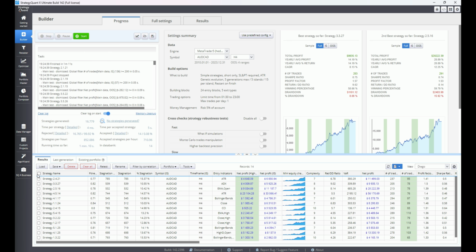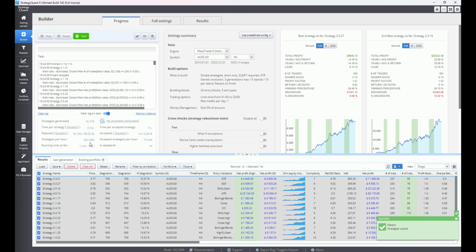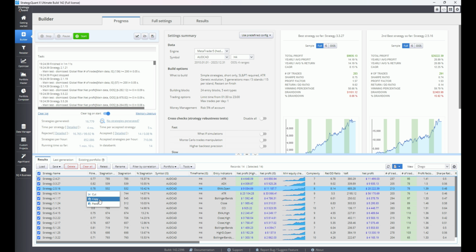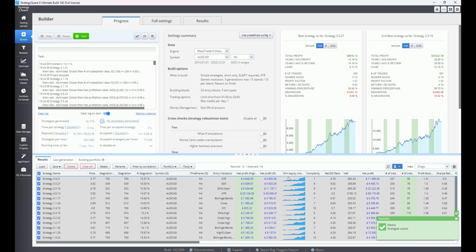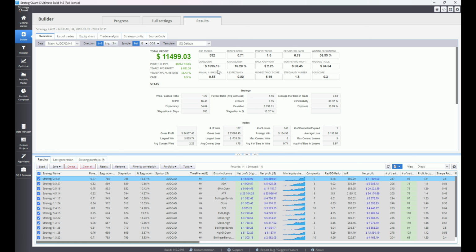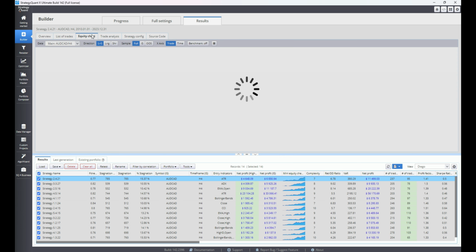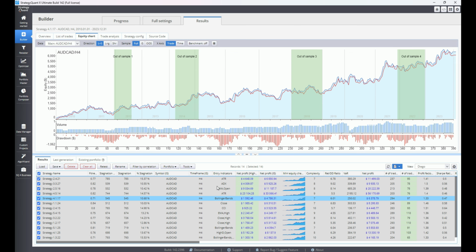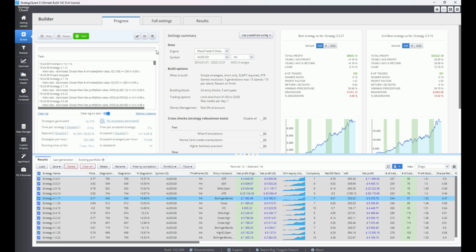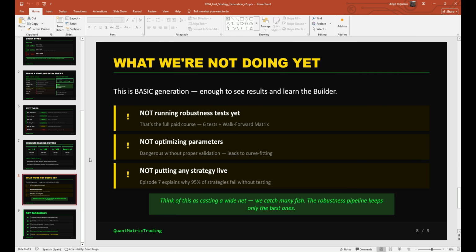I stop it, I go here, and in the next episode, we are gonna copy this and paste it in this retester. But for now, you can see that we have some nice strategies. You see here, ATR. In the next episode, we are gonna see which one we select, right?